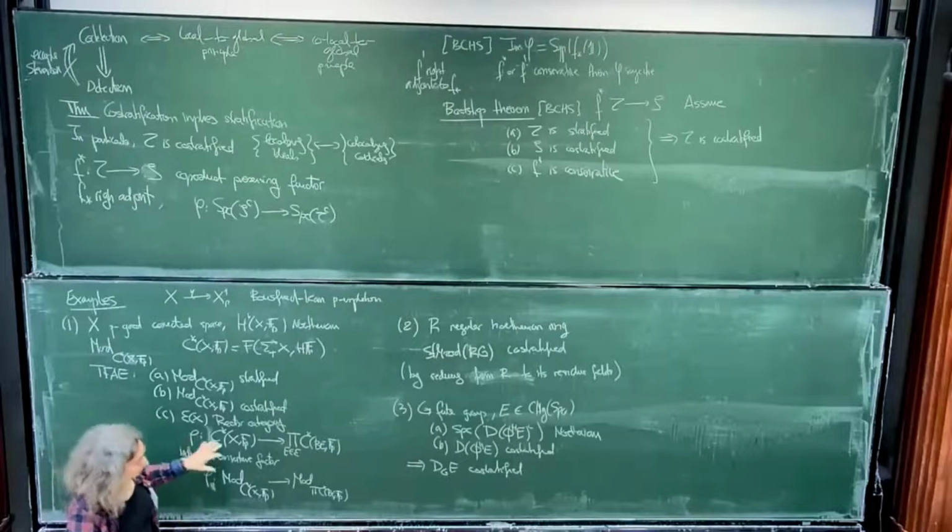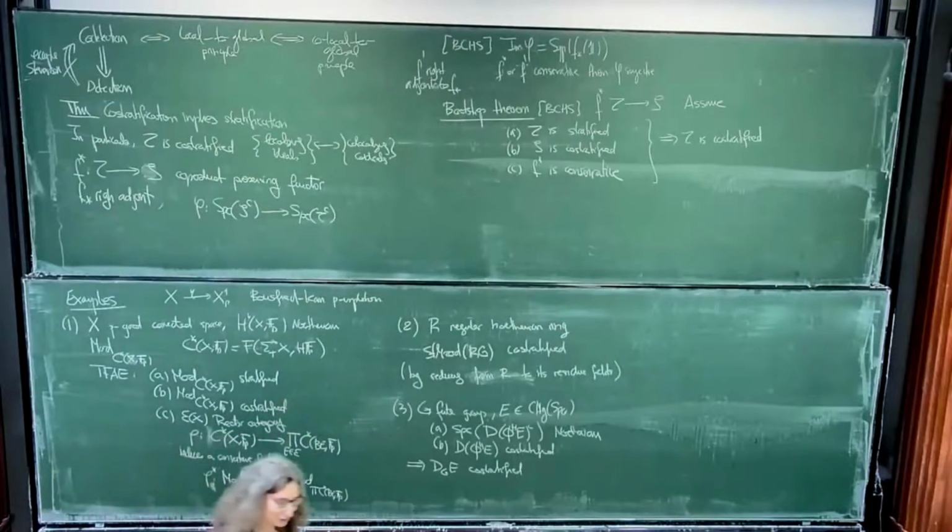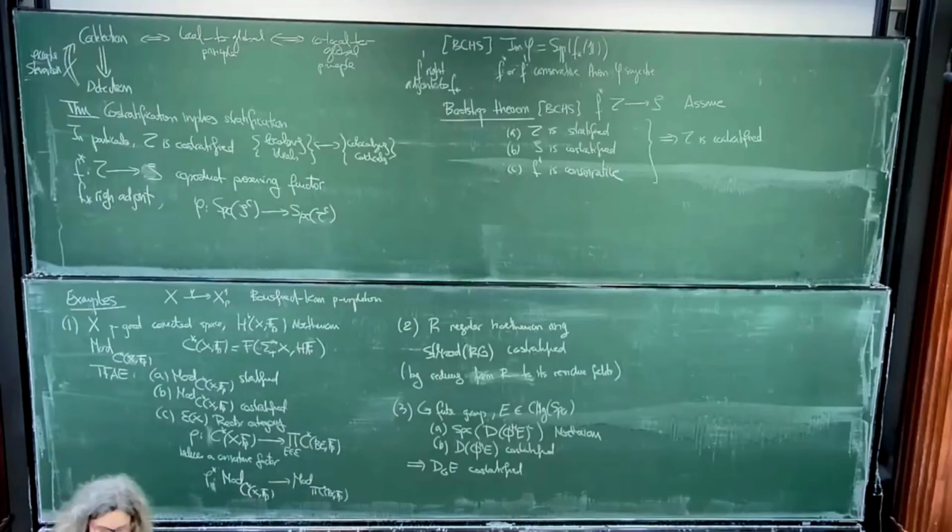Right? So I wanted to just quickly show three different situations in which you can apply this very general theorem. Essentially it tells you that if you are stratified, all you need to do is find a conservative functor into something which is costratified. That's the abstraction. Okay, so sorry for going over.